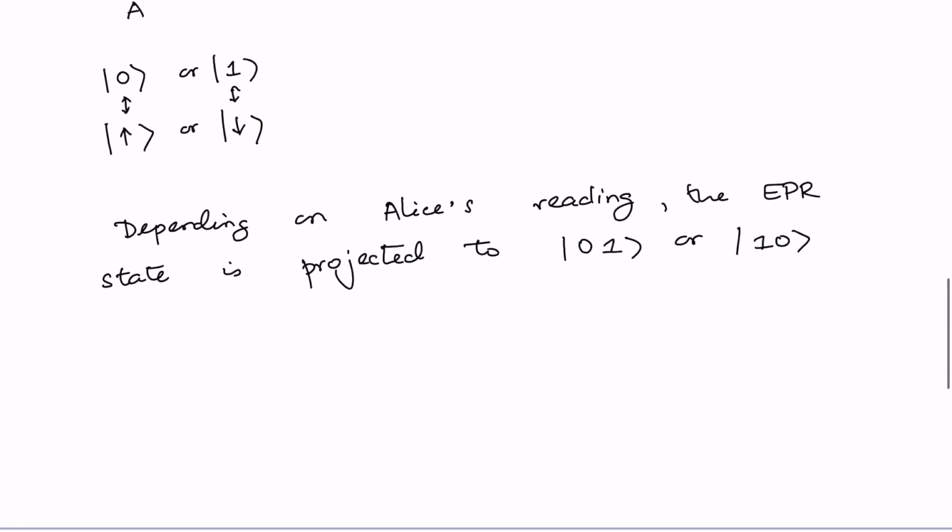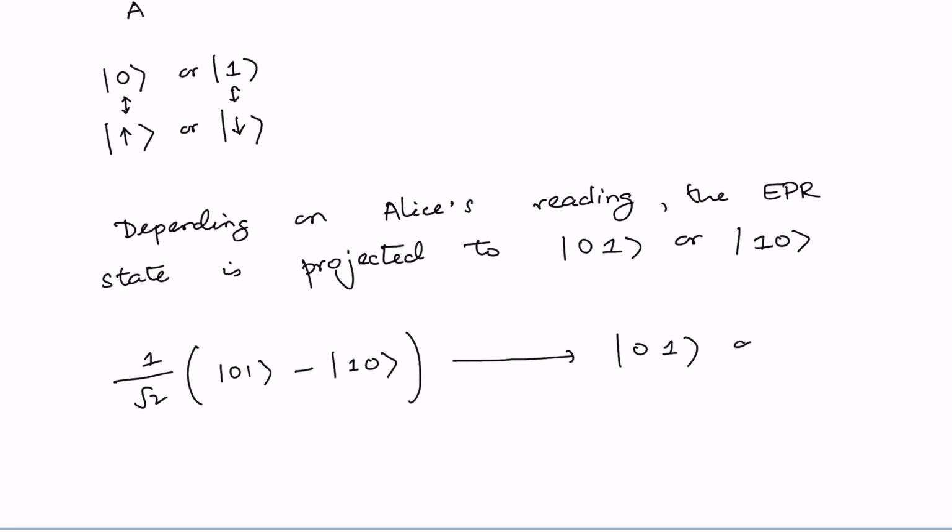What I mean is that because of Alice's measurement, this EPR state, which is a superposition that we have written as K01 minus K10, is going to be projected either to K01 or K10, and this is going to happen instantaneously. This process takes place instantaneously even when Alice and Bob are separated by a large distance.